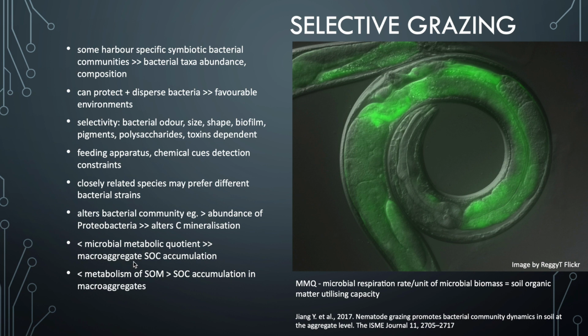So once again, the effect of grazing and that specificity or selectivity affects soil organic carbon accumulation in soil. It also reduces the metabolism of soil organic matter, and that increases soil organic carbon accumulation in macroaggregates.